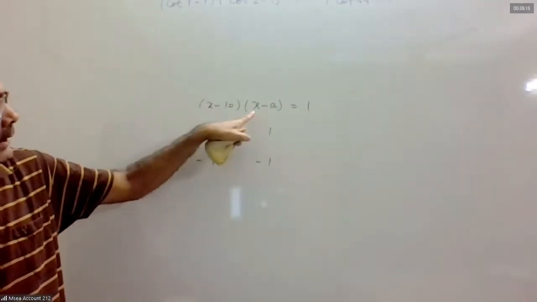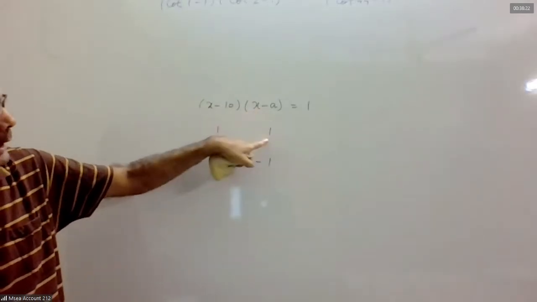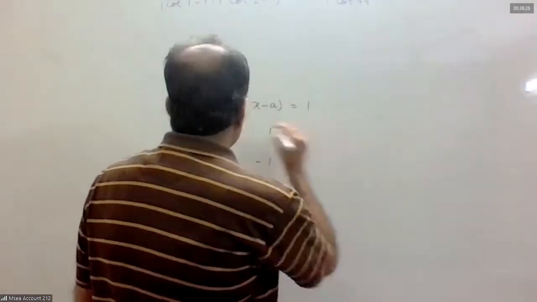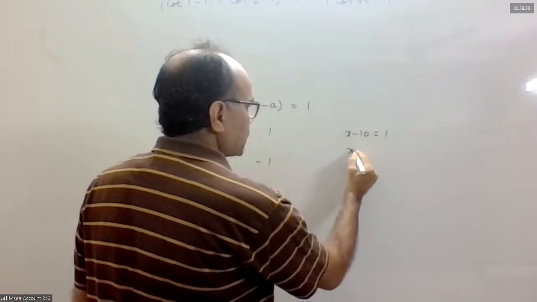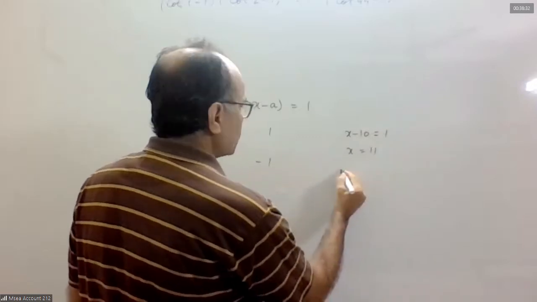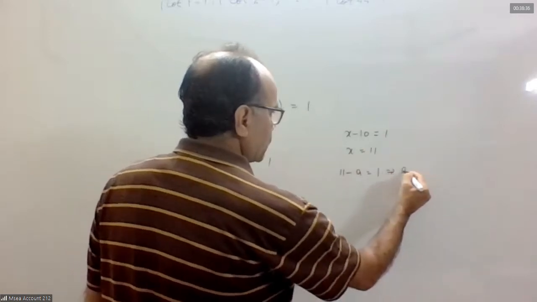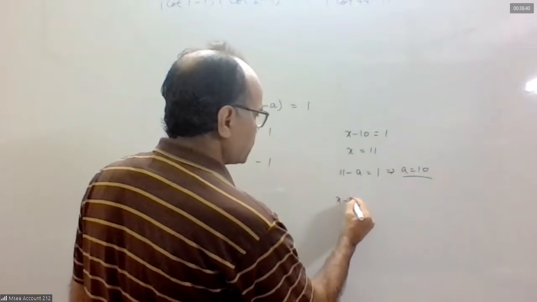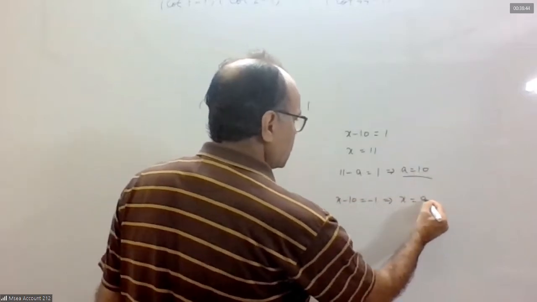If x is 11, then 11 minus a is 1, so a is 10. The other possibility is x minus 10 equal to minus 1, so x is 9.